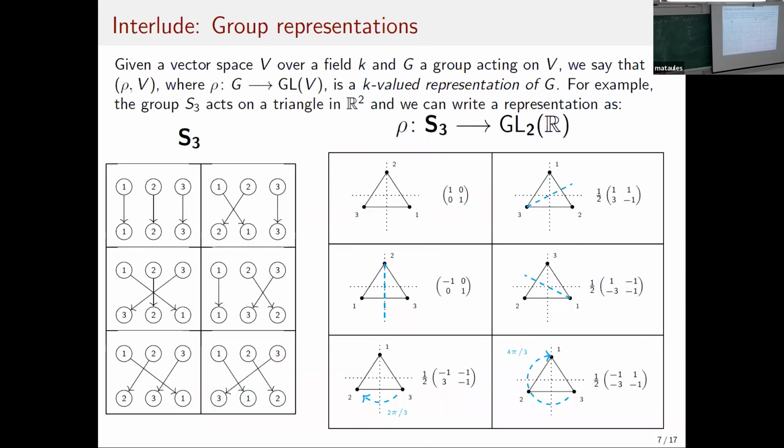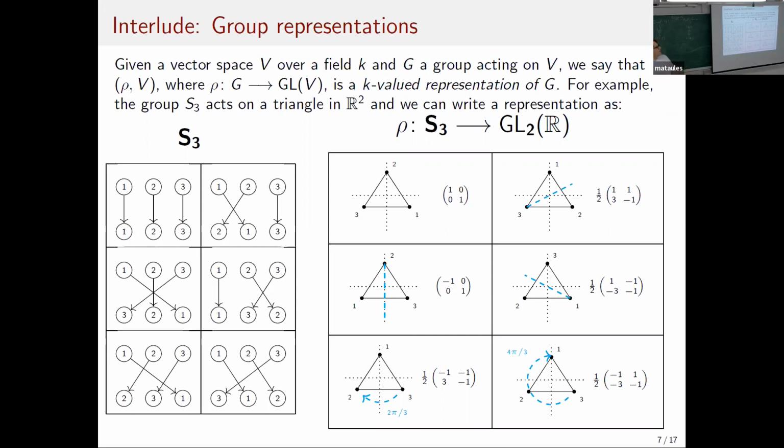Okay. So I'm going to stop talking about point counts for a second to talk about what group representations are. Some of you may know what group representations are, some of you may not, so they're linked. Okay. So basically, a group representation is you have a vector space and you have a group acting on it, right?